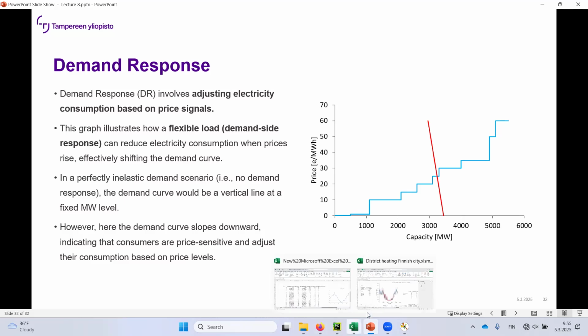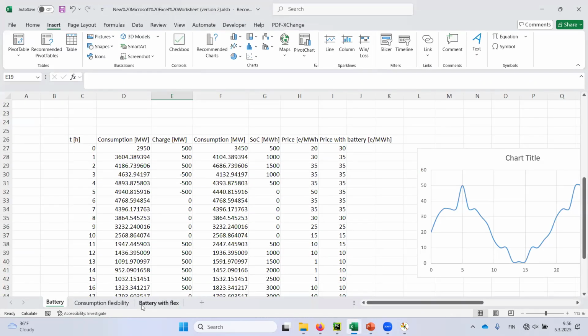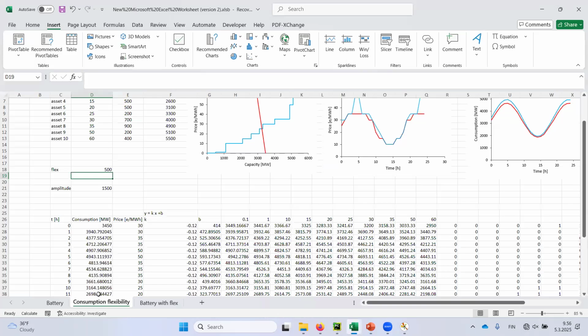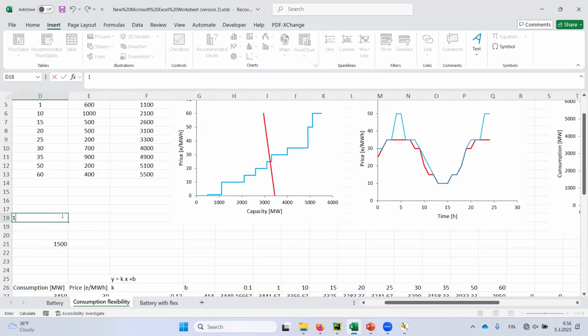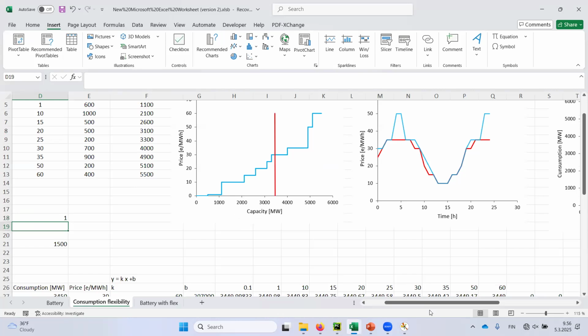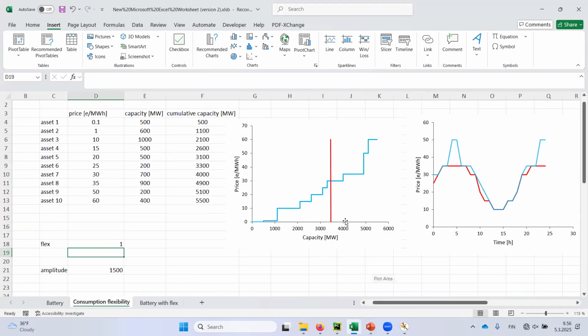However, let's make a really simple example. We have consumption flexibility in here. Let's put flexibility to 1, so that's so small that it doesn't change the curve slope too much.